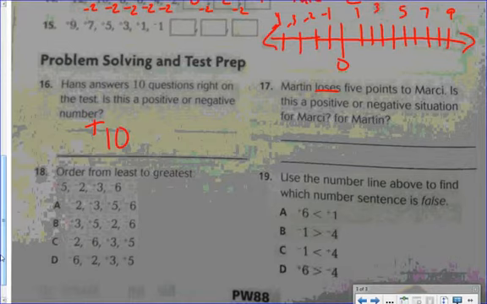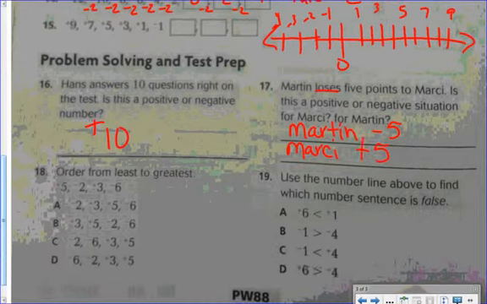Is this a positive or negative situation for Marcy and for Martin? Martin is losing, and losing is a negative 5 points. Marcy is getting those 5 points, so she is gaining 5 points. So this is a gain, and this is a loss.